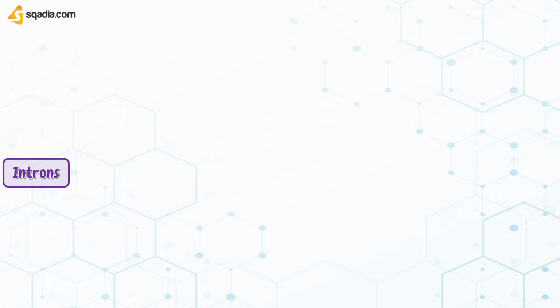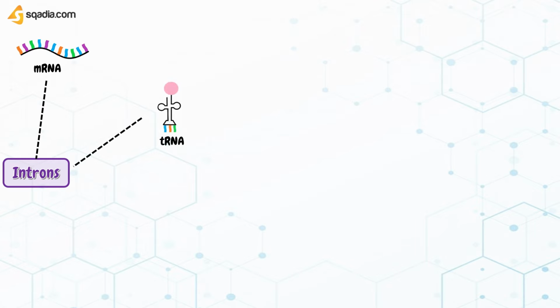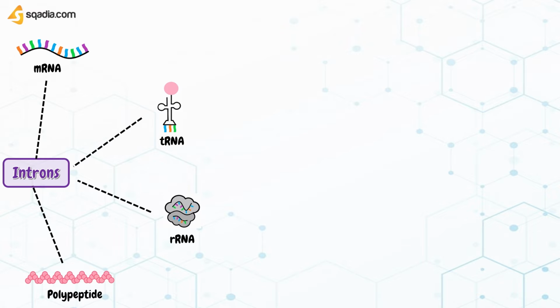Some genes are uninterrupted, and their sequences are collinear with those of the corresponding messenger RNAs. Most multicellular eukaryotic genes are interrupted, but the introns vary enormously in both number and size. Genes encoding messenger RNA, transfer RNA, ribosomal RNA, and polypeptides all have introns.